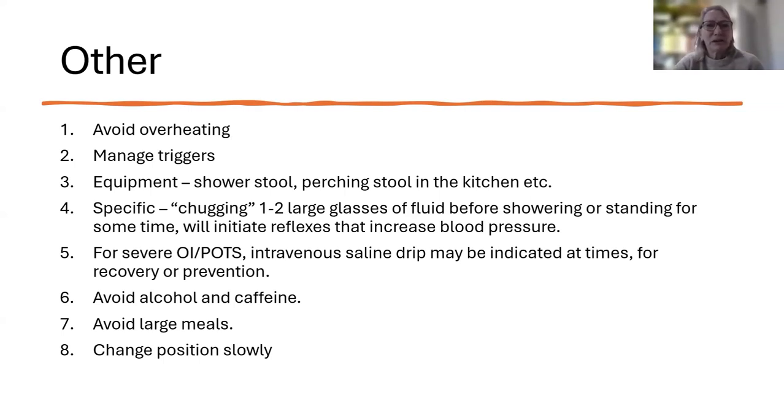Equipment: shower stools can be really game changing, as well as a perching stool in the kitchen. I've had people feed back to me that it's made such a difference in how they can improve their function. They can actually get through and prepare a full meal without having to constantly sit down. Consider hiring a wheelchair if you're going to go out for events and things. That can be helpful as well.